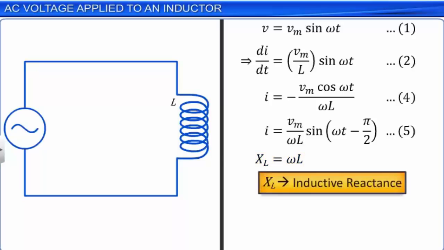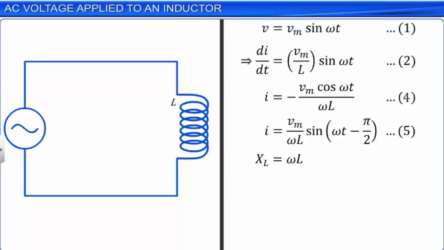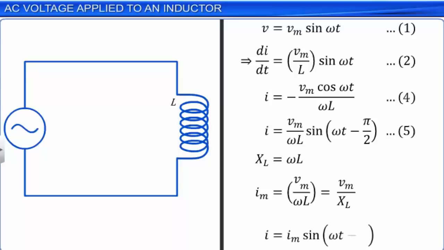We get the amplitude of the current Im equal to Vm by omega L, or Vm by XL, since we know it to be the maximum current value attainable. Hence, equation 5 now becomes I equal to Im sin of omega t minus pi by 2. Let this be equation 6.